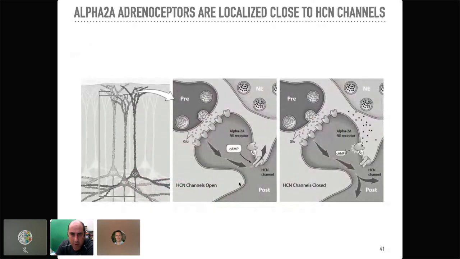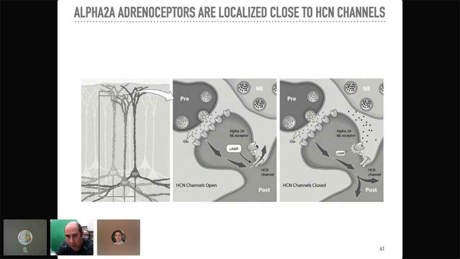And building on previous knowledge from an experiment by Wang et al. from 2007, there is the idea that these alpha-2A norepinephrine receptors are localized very close to HCN channels that we know have high density in the apical dendrites of these pyramidal neurons.